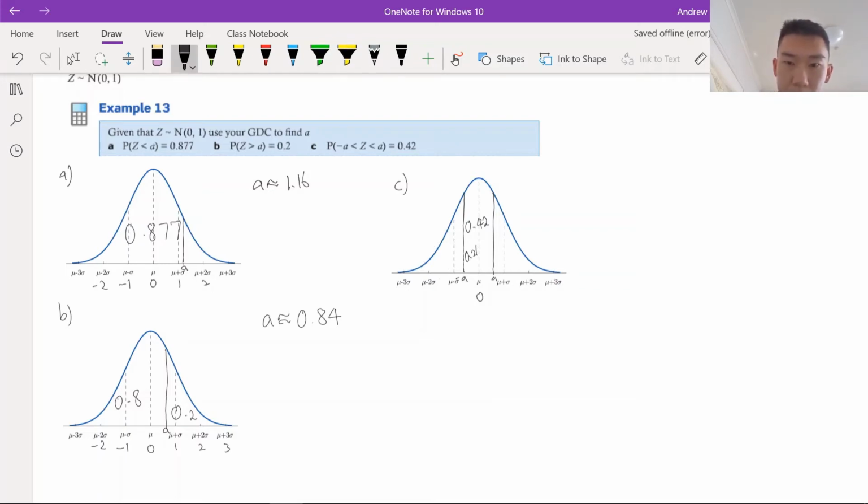Which means this area here to the left of this solid line has to be 0.29, because these make up 0.5, which is exactly half the graph. So we want to put 0.29 as our area into the calculator, and it doesn't matter if we're finding A or negative A, because the absolute value of A is still going to be the same.